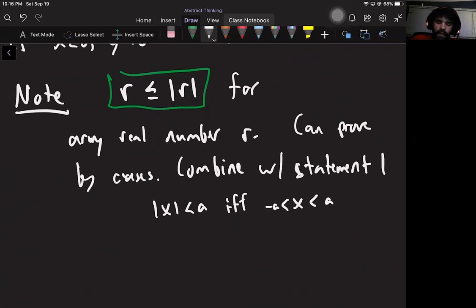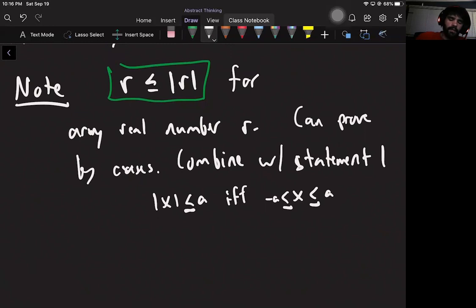And then very sneakily, I can just go ahead and make these all less than or equal to's instead. And I could redo the whole proof with the equal to's, and it would all work again.